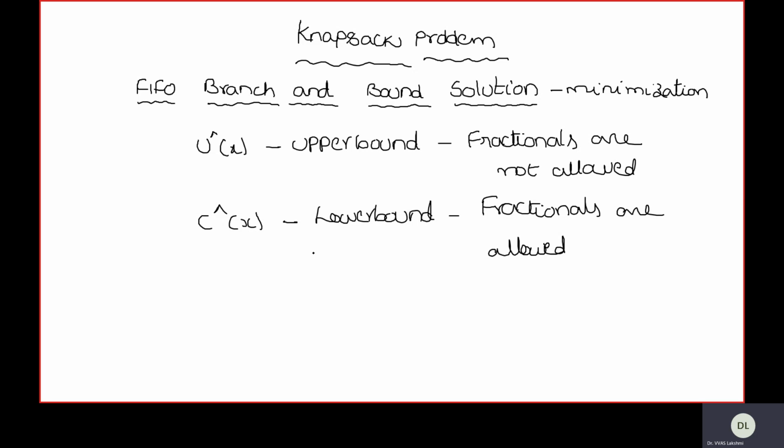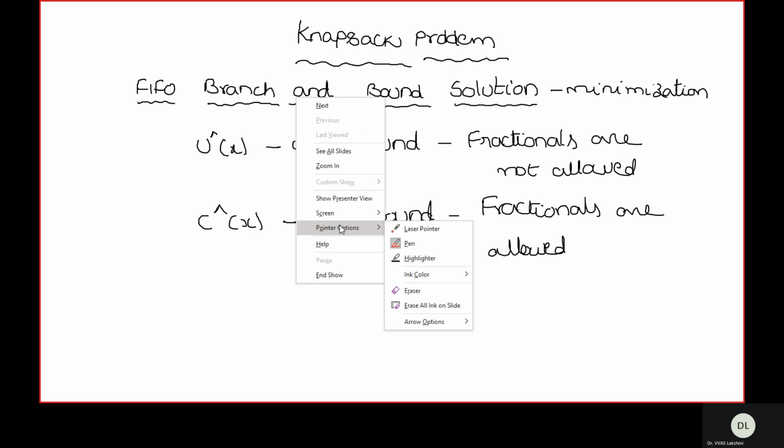So today we discuss the FIFO branch and bound technique, knapsack problem. So we will take one example. Here n is equal to 4. That means four items are there, and profits, that means P1, P2, P3, P4, for the 4 items are equal to 10, 10, 12, 18.